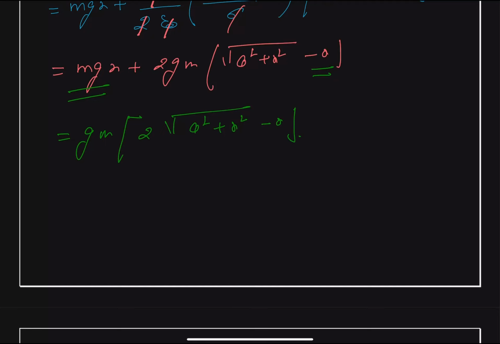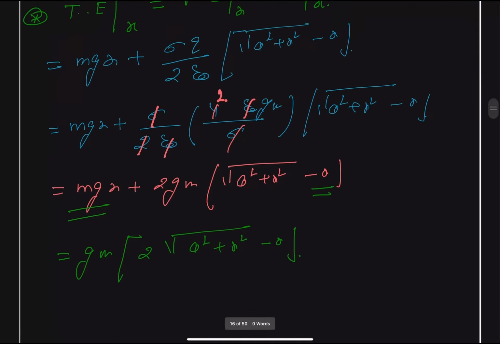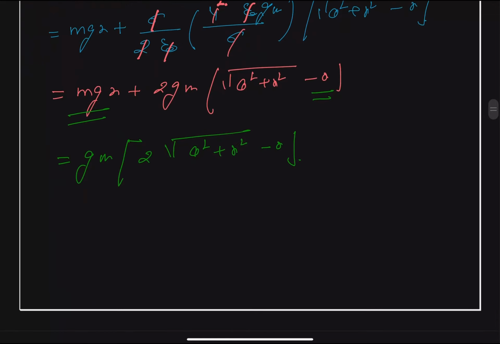So this is our total energy at x. And we know for equilibrium position, the value of the net force should be equal to 0.